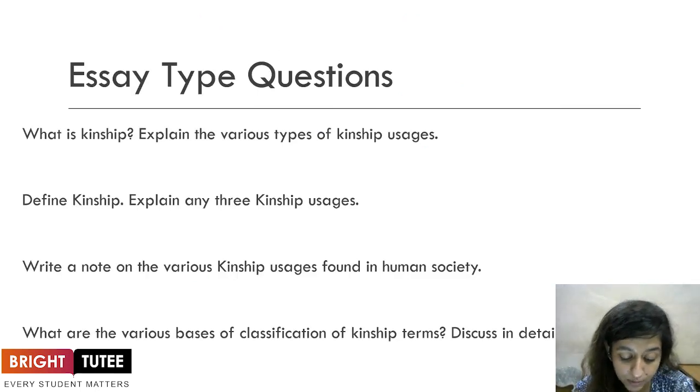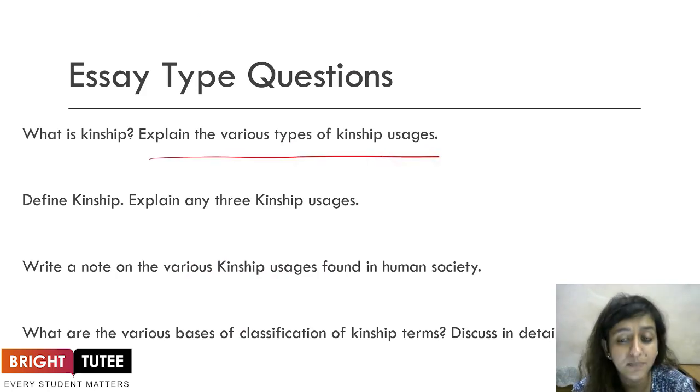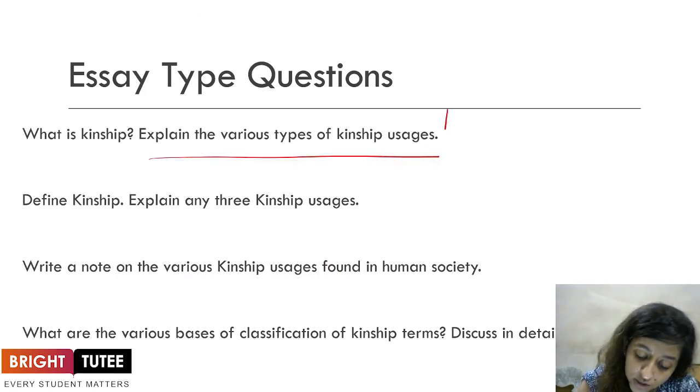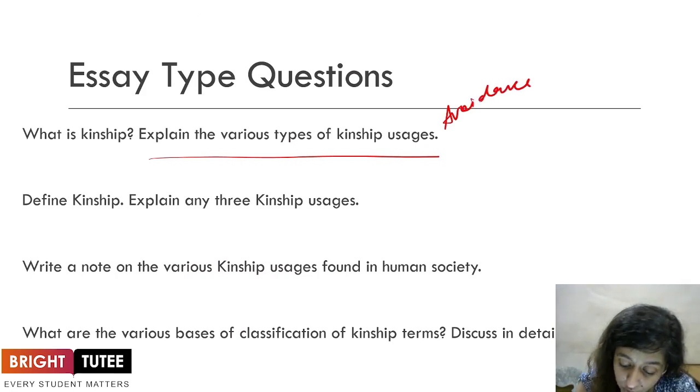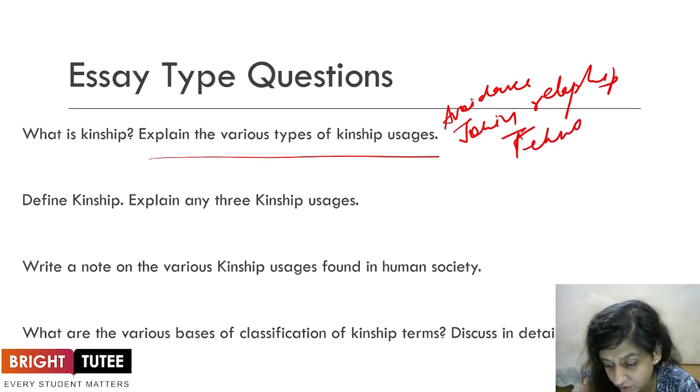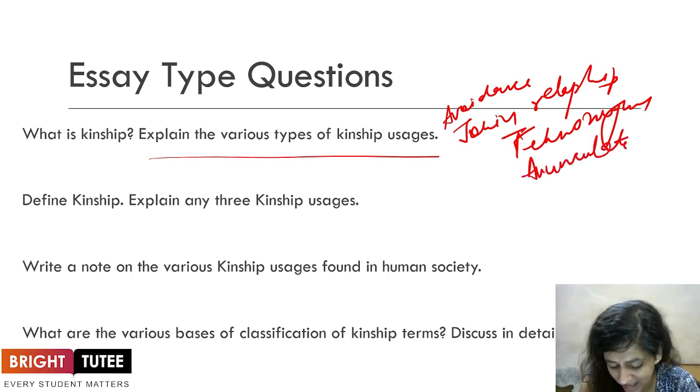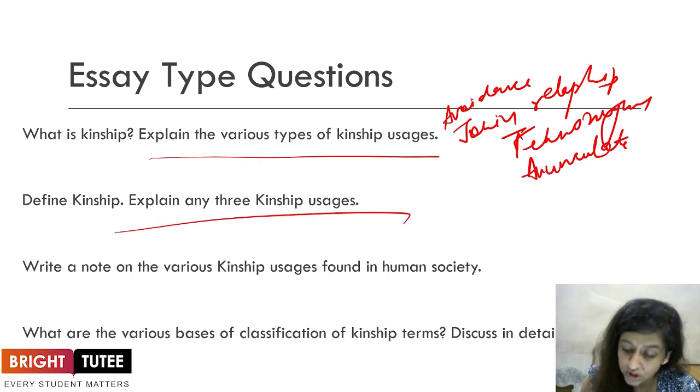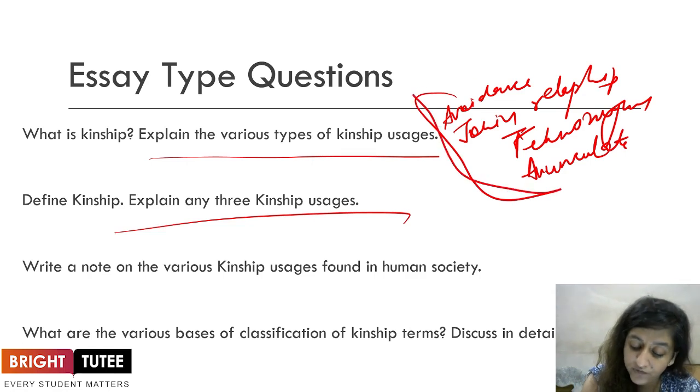Coming to the essay type questions: what is kinship? Explain various types of kinship usages. Here you will talk about avoidance, the joking relationship, technonymy, avunculate, amitate, etc. Define kinship and explain any three types of usages; you may define any three of these types.